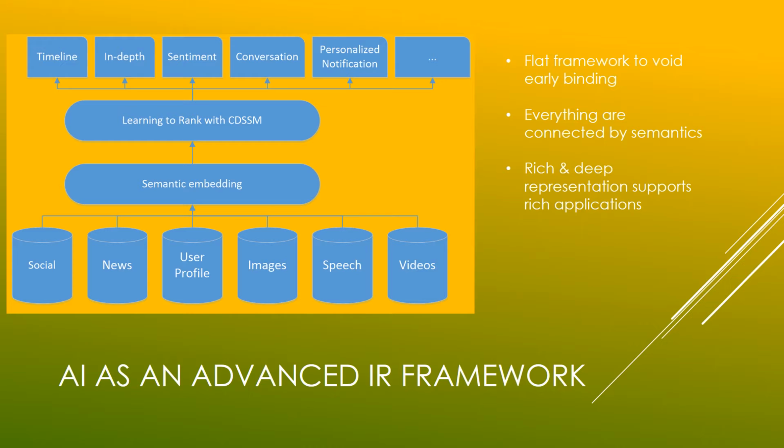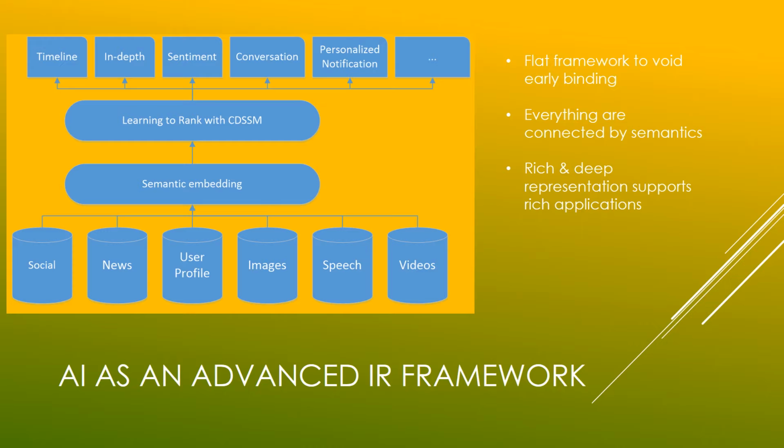And then all those things like user, news, social, image, speech, video can be connected by a semantic join. So we can, for example, calculate the semantic distance between any social posts and tweets and news and user profiles, images, speech, and video.